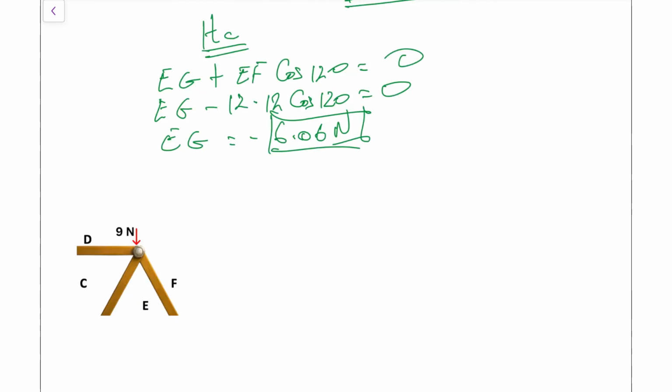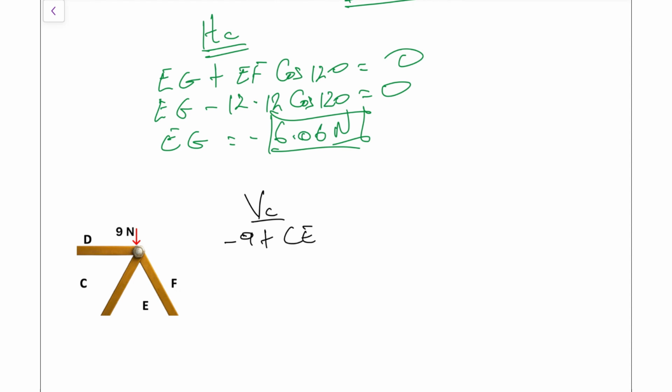So we are now after the final member, which is member CE, and I'll just use the vertical force components to do that. What that will look like is we have that 9 newtons going down, so minus 9 because it's going down. Then we have member CE and its angle.